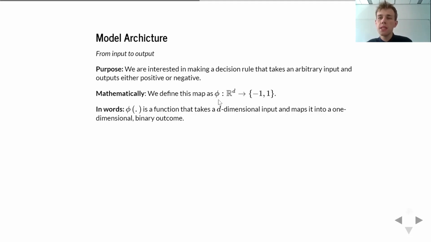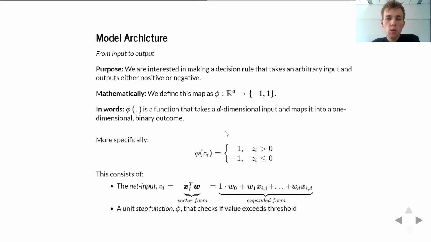It's a decision function that takes a d-dimensional input, and then it processes it. And then it gives us an output that can take 2 different values, -1 or 1. That's negative classification or positive classification. So phi takes a d-dimensional input and maps it into a 1-dimensional binary outcome.